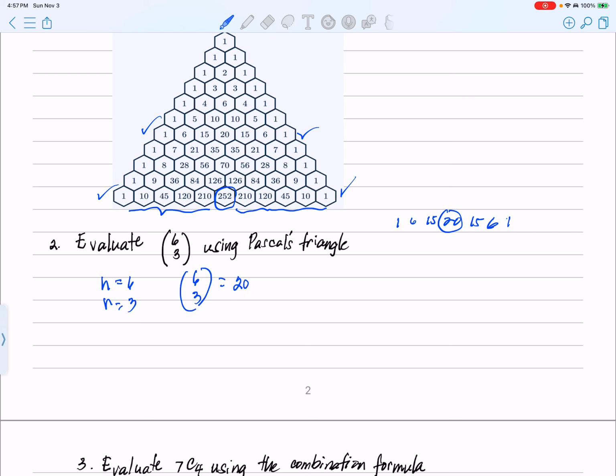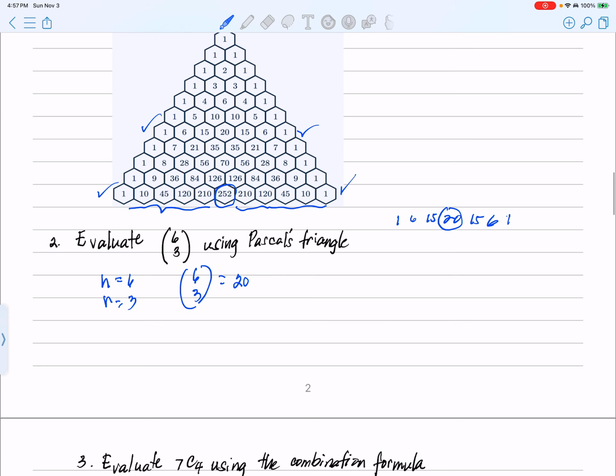Without any computing. Now we want to prove it. So let's do 6 factorial over n minus r, that is 6 minus 3 factorial, and then r factorial, that means 3 factorial.